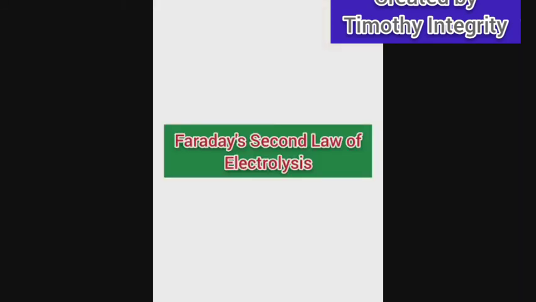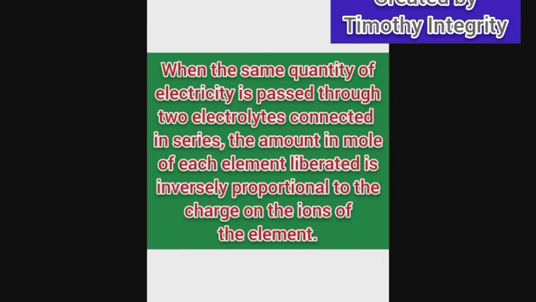Now, let's consider Faraday's second law of electrolysis. It states that when the same quantity of electricity is passed through 2 electrolytes connected in series, the amount in moles of each element liberated is inversely proportional to the charge on the ion of the element.